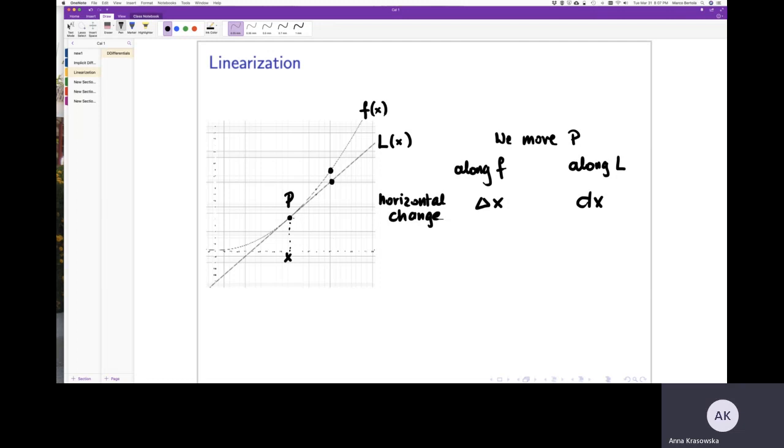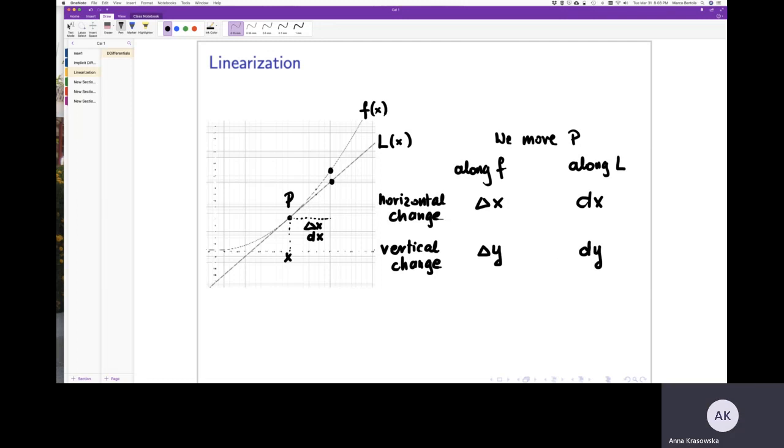So in this case, we moved horizontally by, call it delta x, and that will be the same distance dx. The corresponding vertical change, we will write here along f delta y and along L dy.